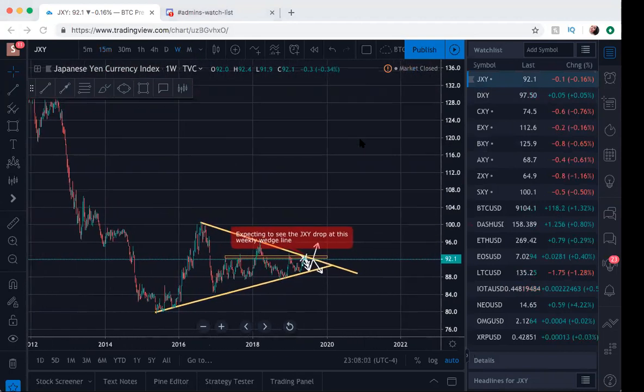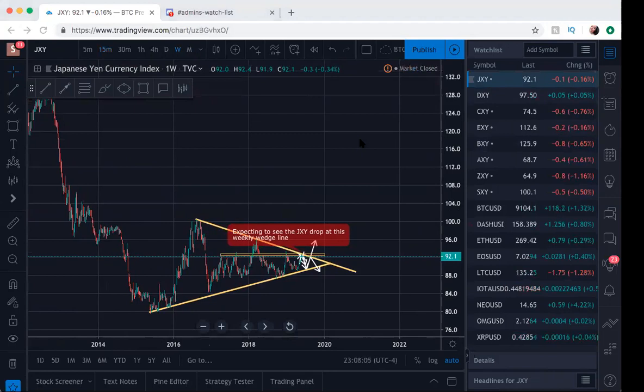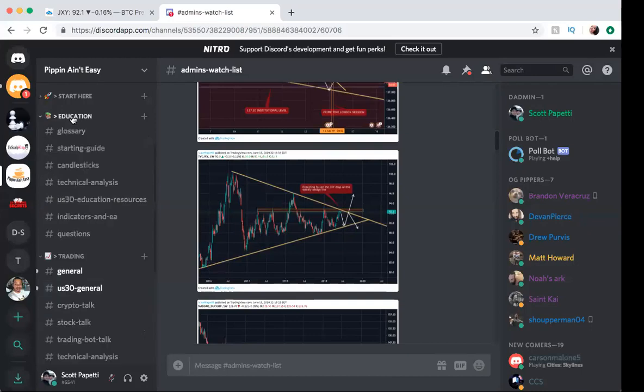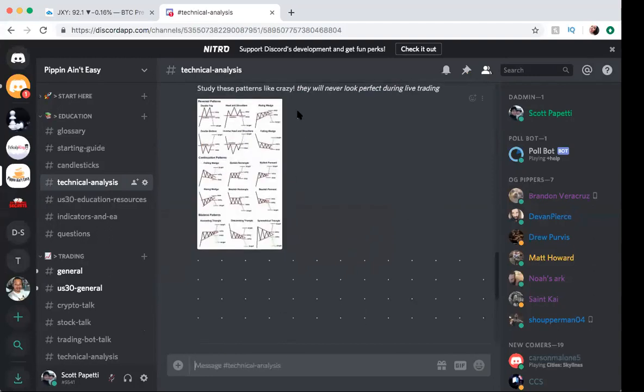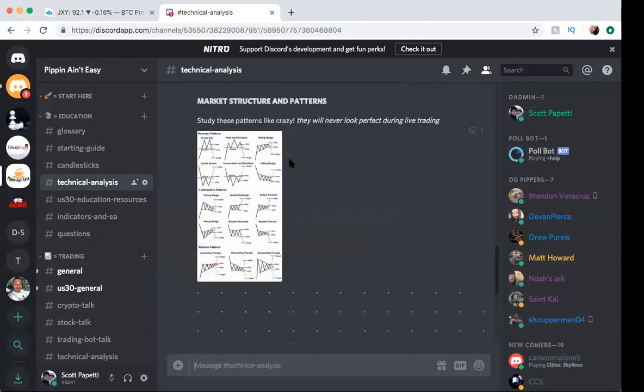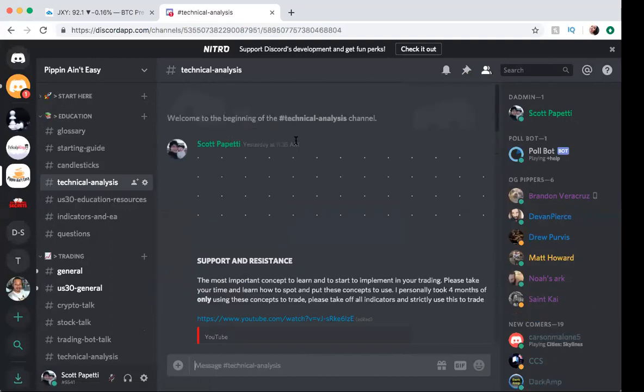This is where technicals come in. This is where looking over all the education in this new education tab is. We have market structure. You want to learn these. You want to see exactly what each one of these structures mean.